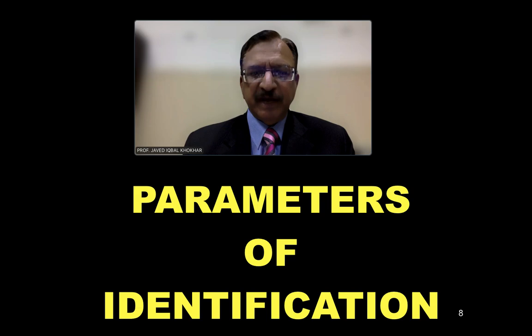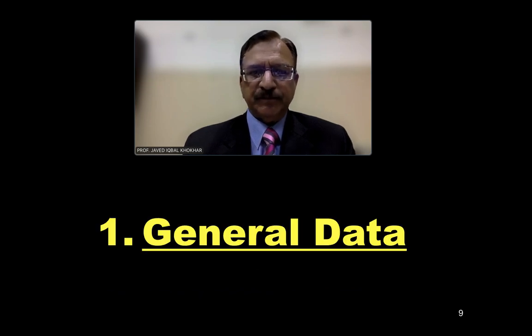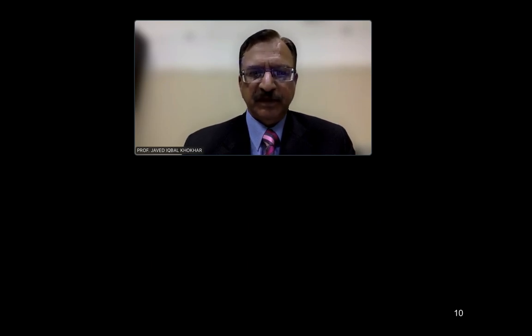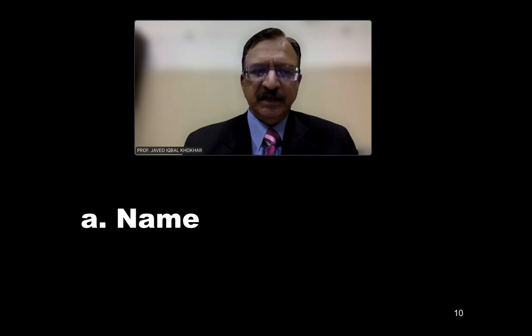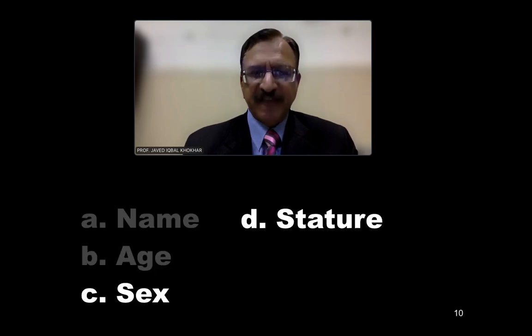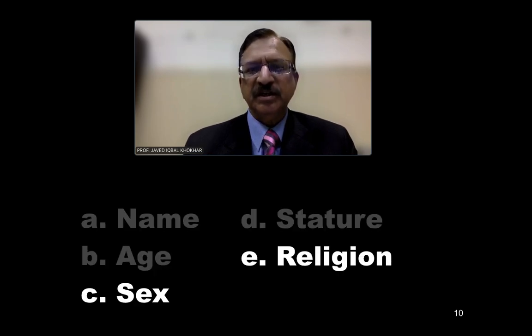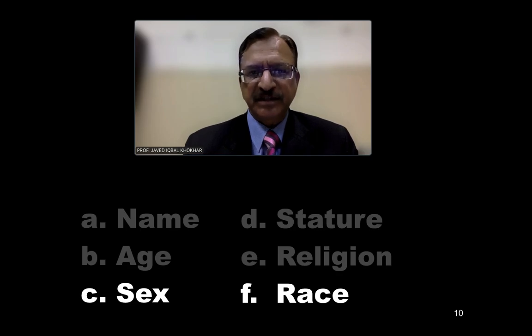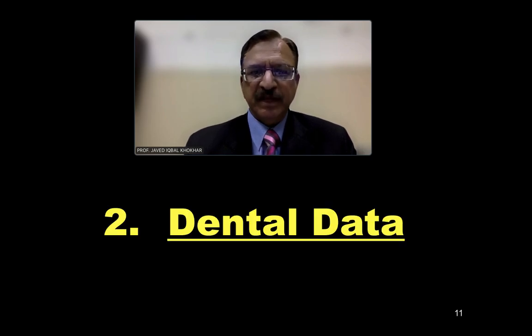Now regarding the parameters of identification, it is based upon, number one, the general data, which means the name, age, sex, stature, religion, race of that individual.